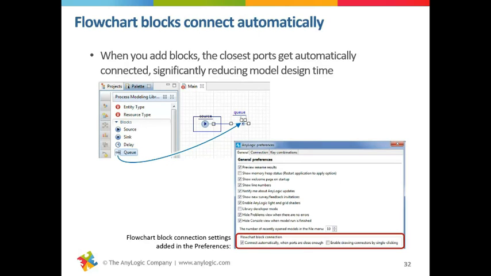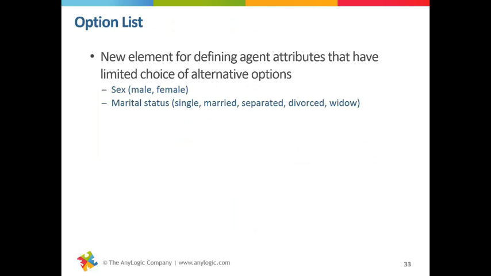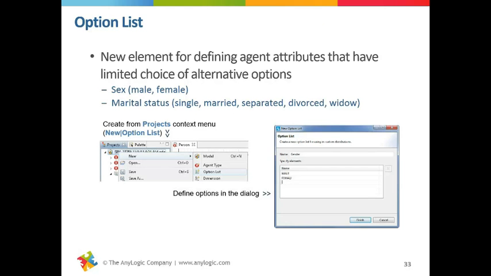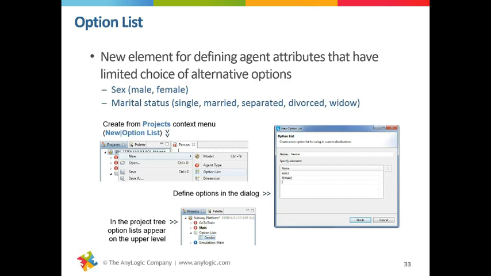You can control this feature in the preferences. You can create option lists, such as sex or marital status. Simply choose Projects, New Option List, enter your name, and specify the elements. And your option list will appear in your project tree.